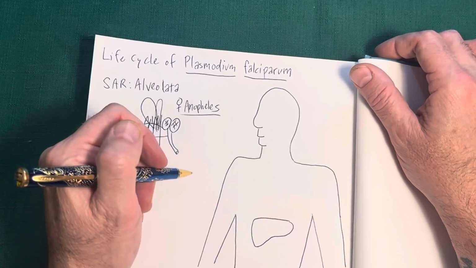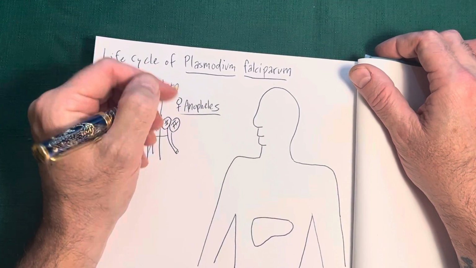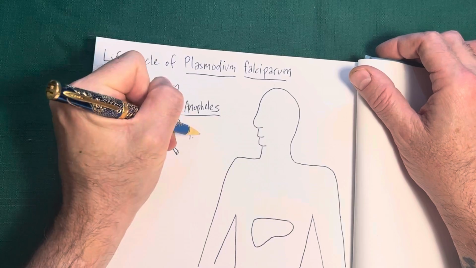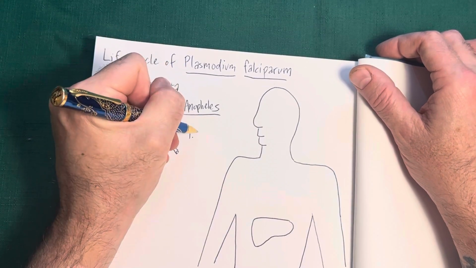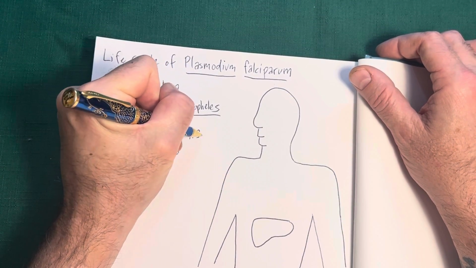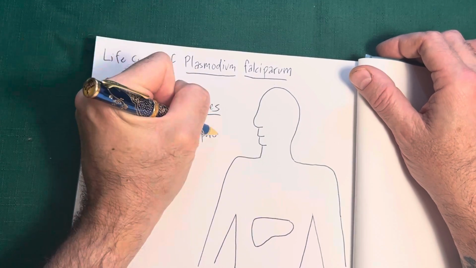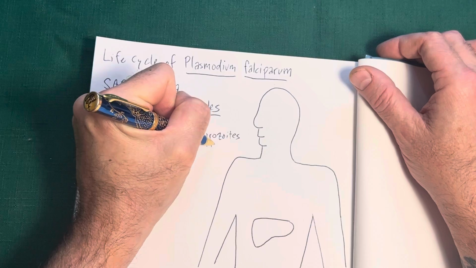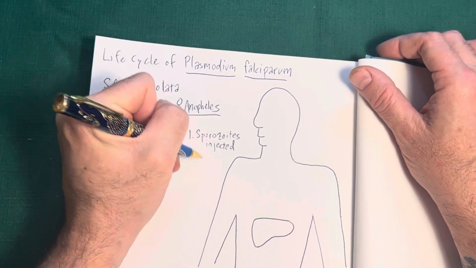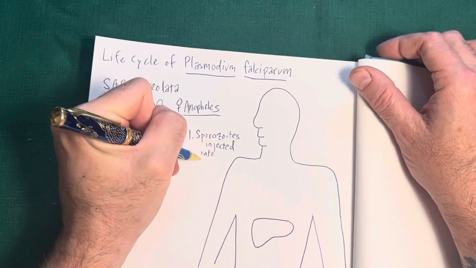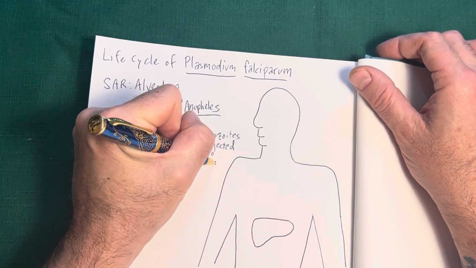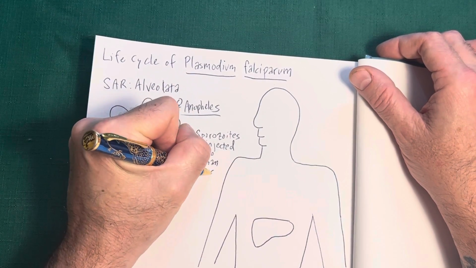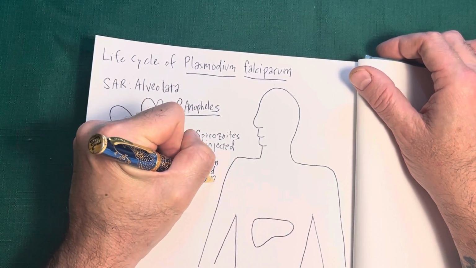All right, so the first thing that's going to happen is our female Anopheles mosquito is going to inject sporozoites into the human bloodstream.